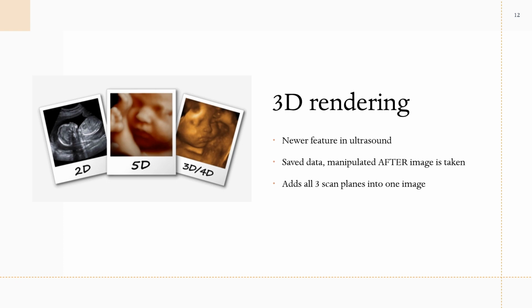But because the 3D image is manipulated after the image is taken, this makes it a post-processing function. And as you can see here in the example, there's a 2D image and a 3D image. There's actually 4D and 5D that is becoming more popular and new with newer machines.